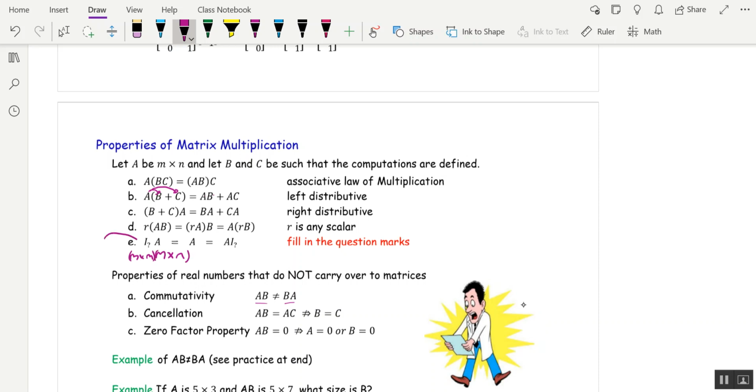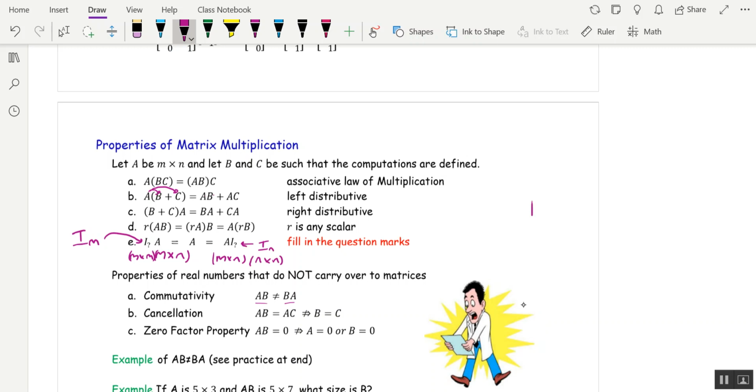So on the left, we have I_M. And on the right, if again A is M by N, I need to multiply by an N by N. So this is I_N. So let me show you an example of that.